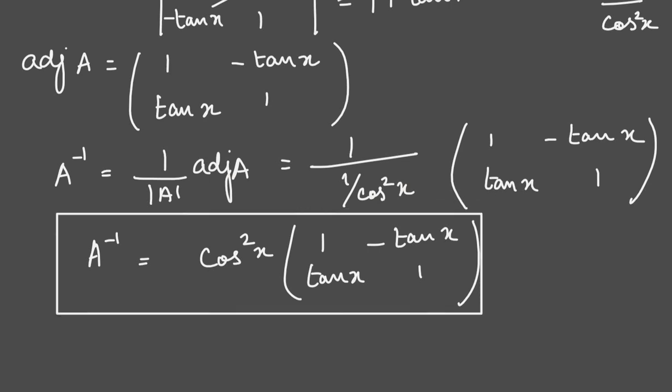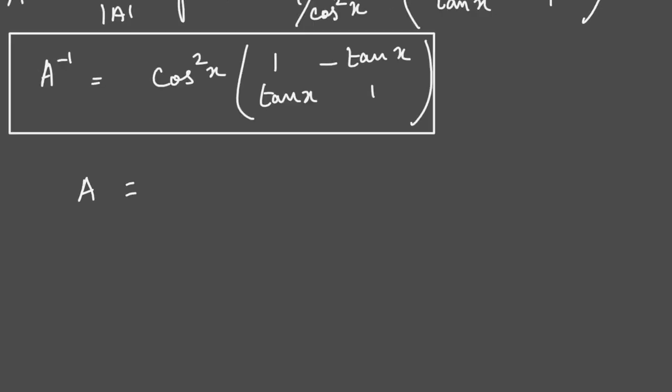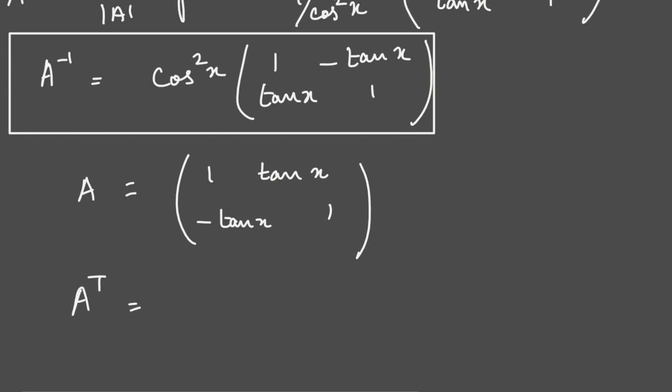Next we are going to find A transpose. A matrix is equal to 1 tan x, minus tan x 1. In the transpose matrix, the first column becomes the first row, so transpose can be written as 1 minus tan x. The second column becomes the second row. This is A transpose.